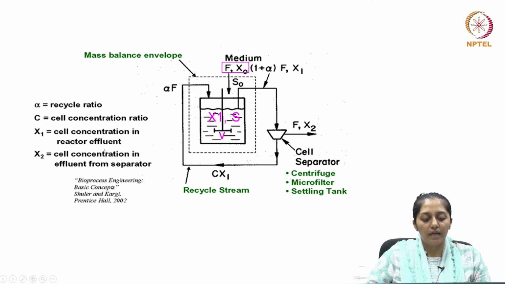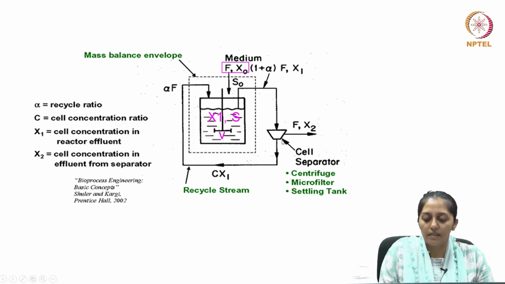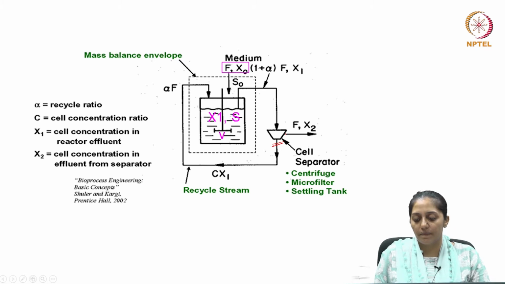X1 is the cell concentration in the reactor effluent, which means the stream which is leaving the reactor, and X2 is the cell concentration in the effluent from the separator. So, here this is the cell separating device.